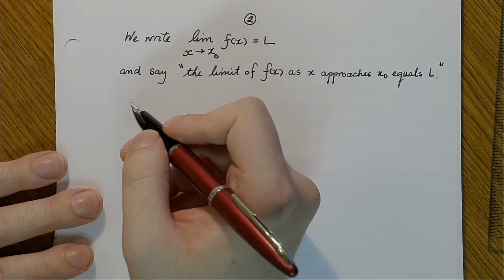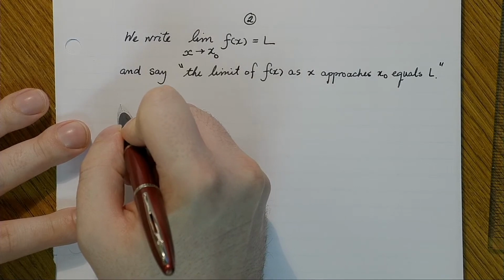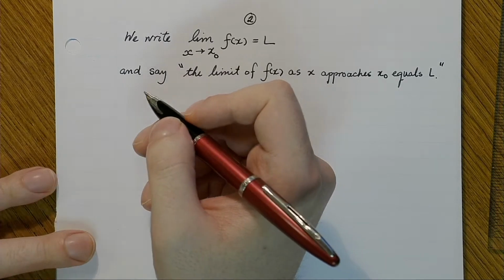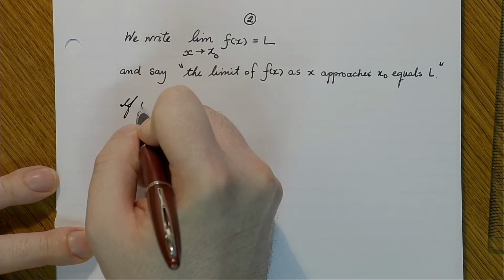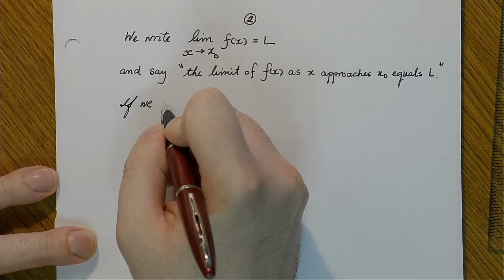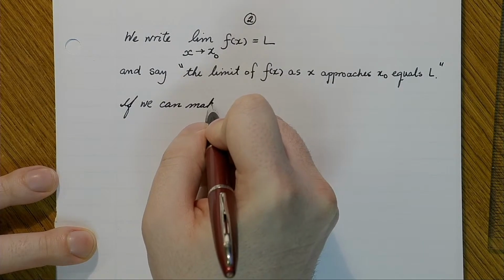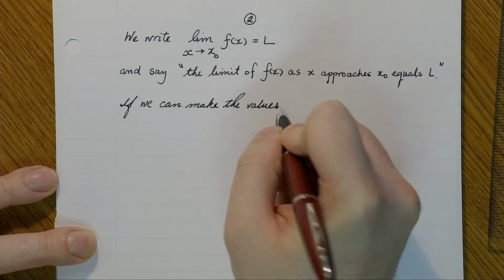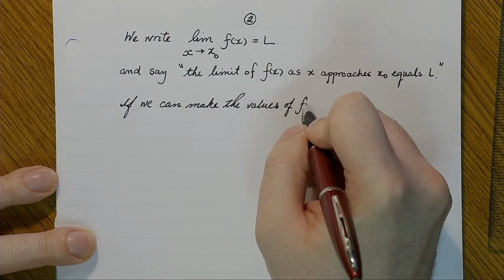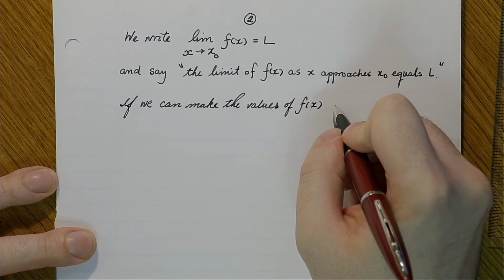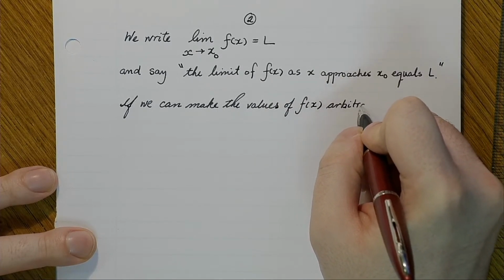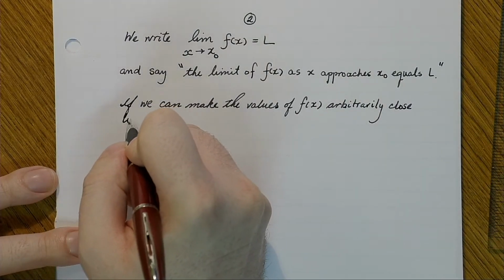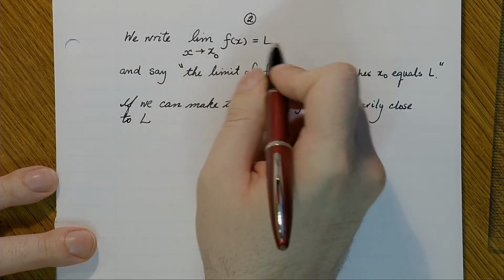And it's very important that expression or that idea of just always approaching it. We're never actually making it equal to. So maybe I should write that out more explicitly: if we can make the values of f at x arbitrarily close to L, and L is our answer, right?